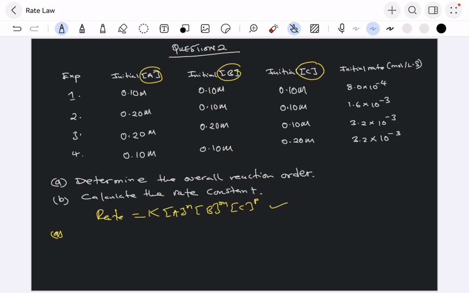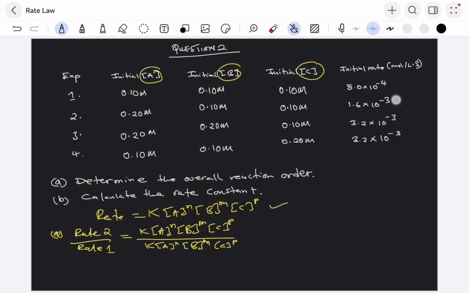So what we can do here is we can say rate 2 divided by rate 1 is equal to K, A to the N, B to the M, C to the P, divided by K, A to the N, B to the M, and C to the P. So now we can slot in the figures.